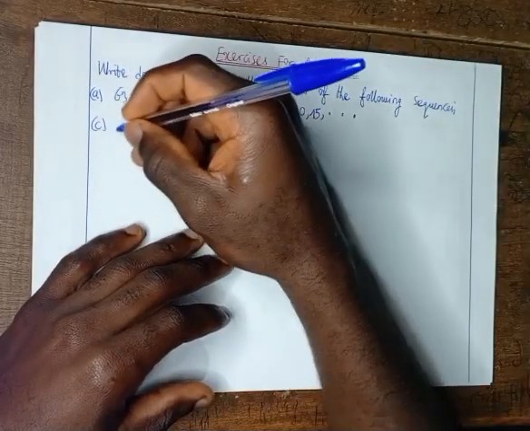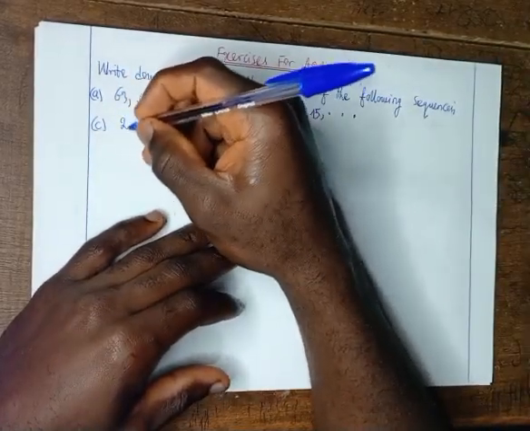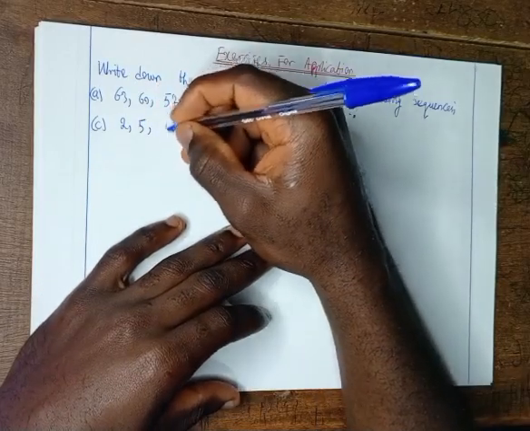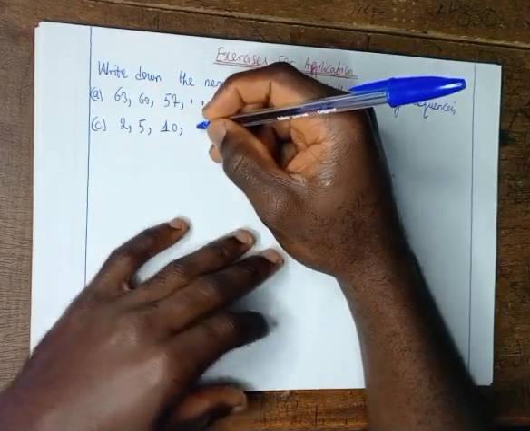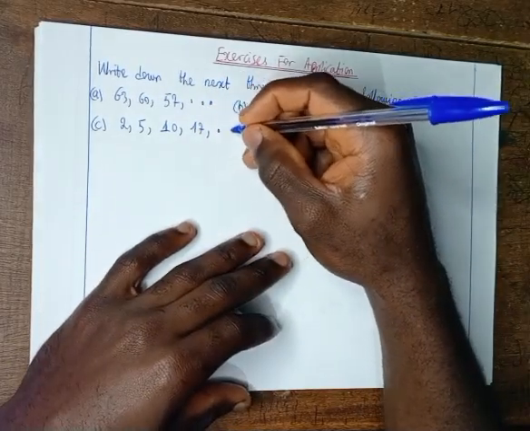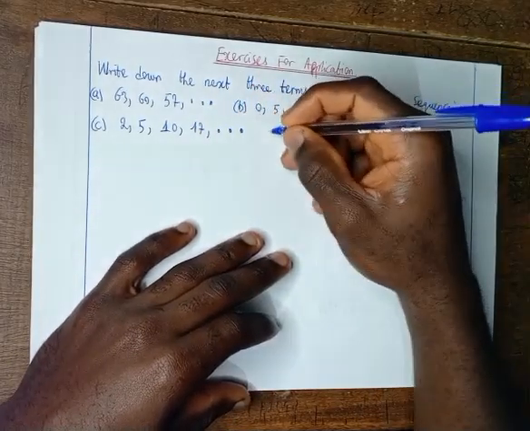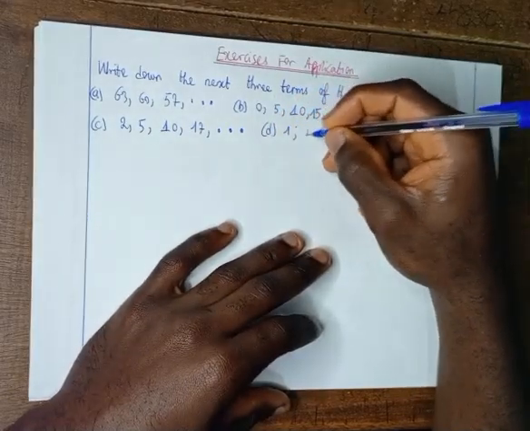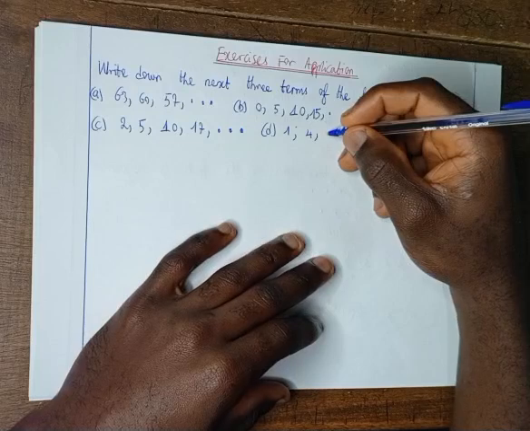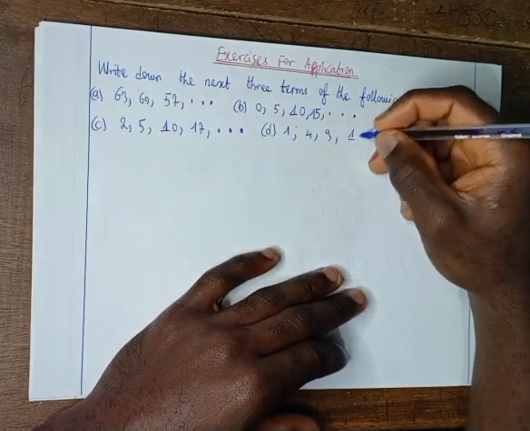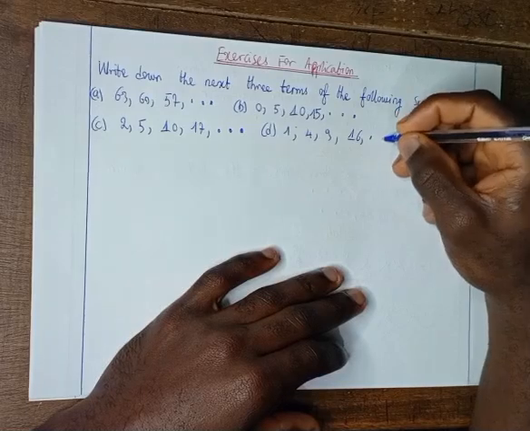For C, we have 2, 5, 10, 17, 3 dots. For D, we have 1, 4, 9, 16, 3 dots.